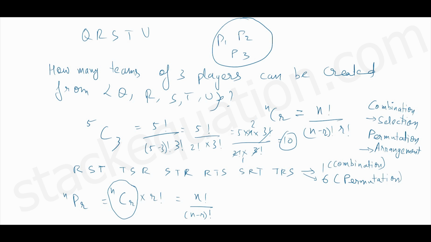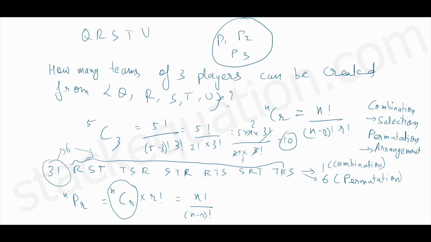So 3 players are there. In how many ways can you arrange three players among themselves only? 3 factorial, right? Which is 6. We do have 6 arrangements here, right?